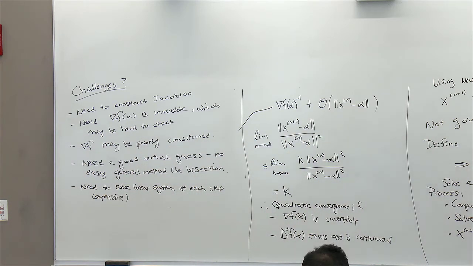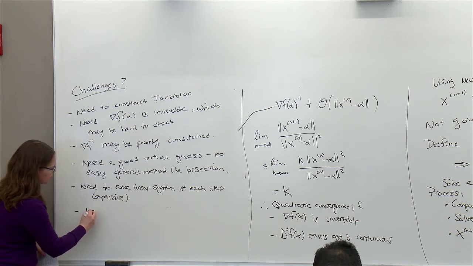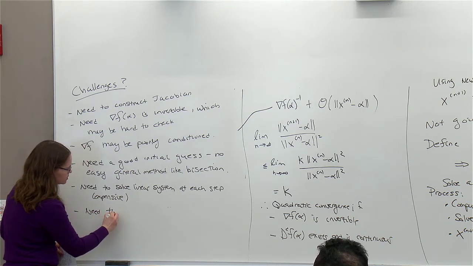We need our Hessian to be continuous. The Hessian is a matrix, and for it to be continuous, we want all the components to be continuous. That depends on your problem. It may be easier to check than invertibility of a matrix, and you can weaken that condition a little bit and still have things work. But just like with the scalar case, we need things to be smooth enough.